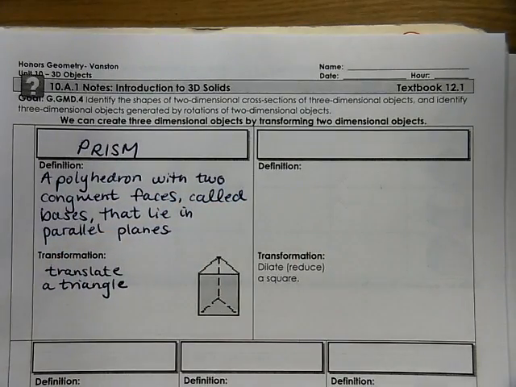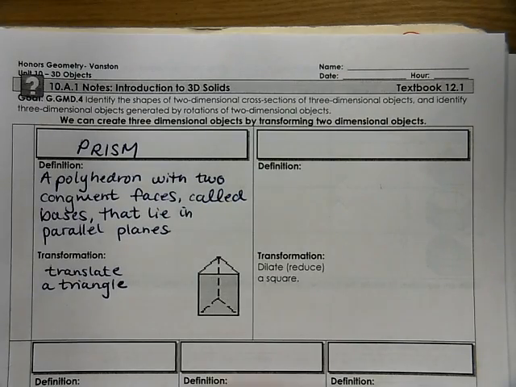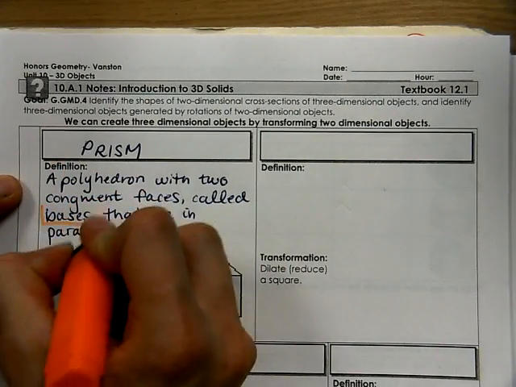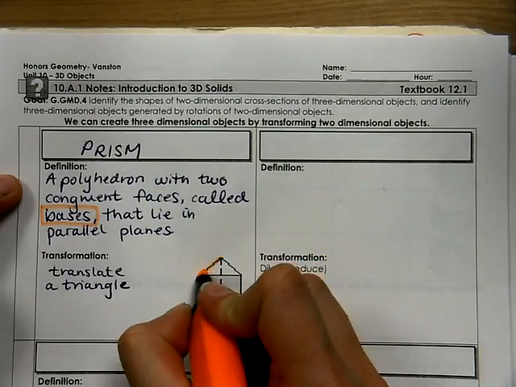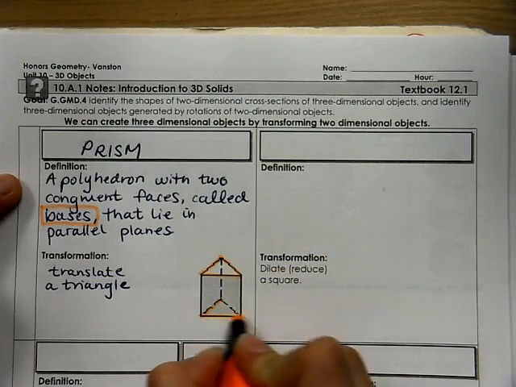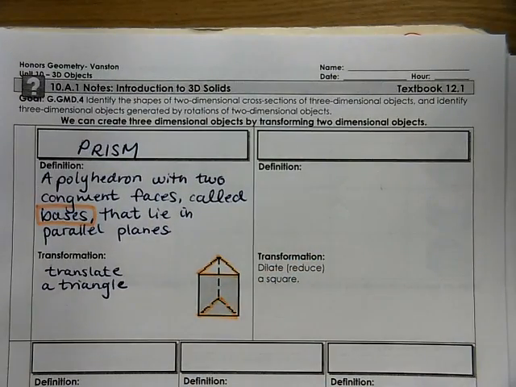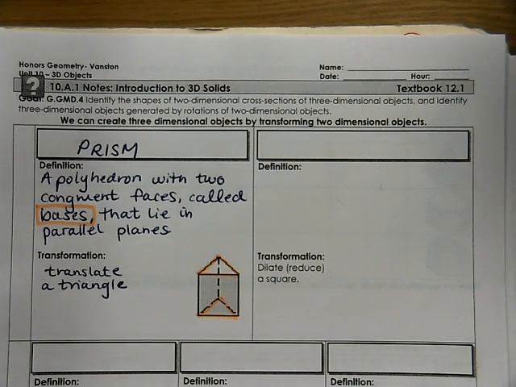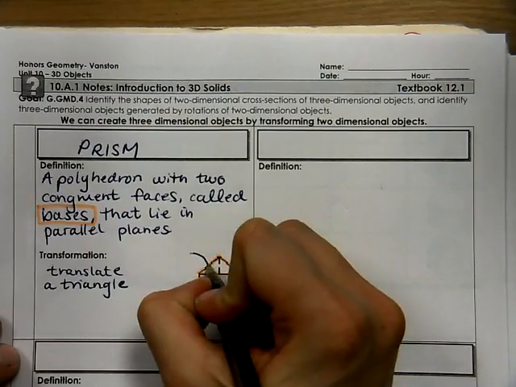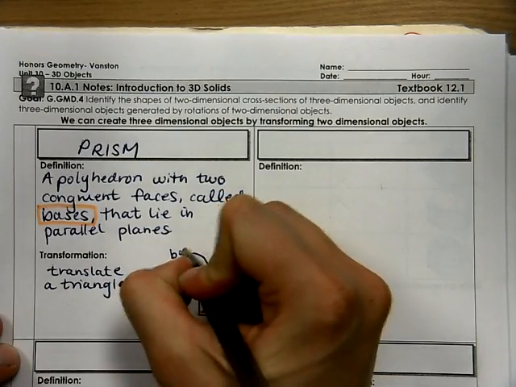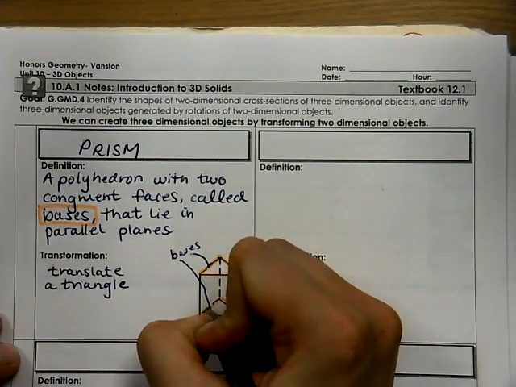Okay. So what I'm going to do right now is take my highlighter and box in this word bases. The base in this prism happens to be a triangle. So you see these triangles on top and bottom, they lie in parallel planes. We'll draw little arrows here. So this is bases.